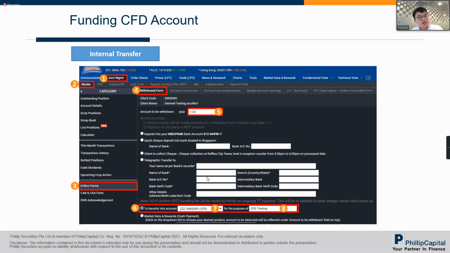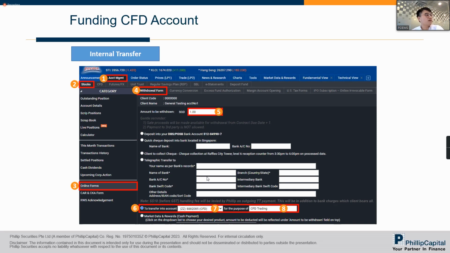So how to fund a CFD account? This is the internal transfer. Let's say you have a stock account with us, a cash management account, or a Cash Plus account with us. This is how you can do it. It's very easy. Even if your money is in your main account, your cash management account or Cash Plus account, you can click on account management, stocks.